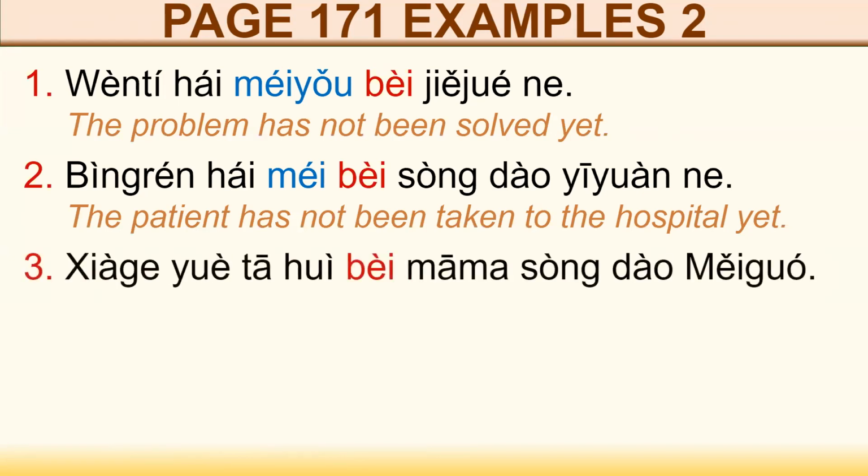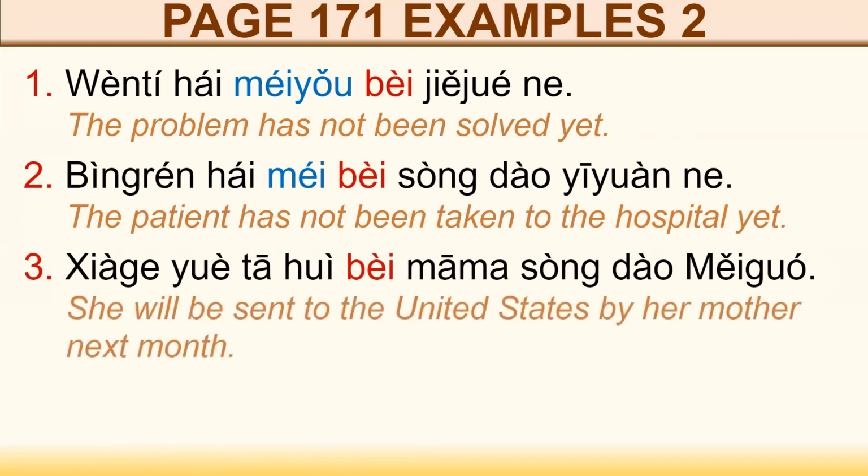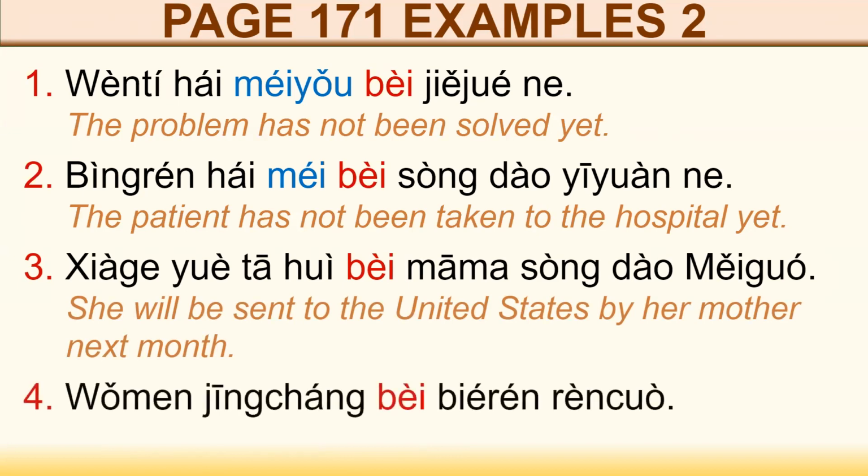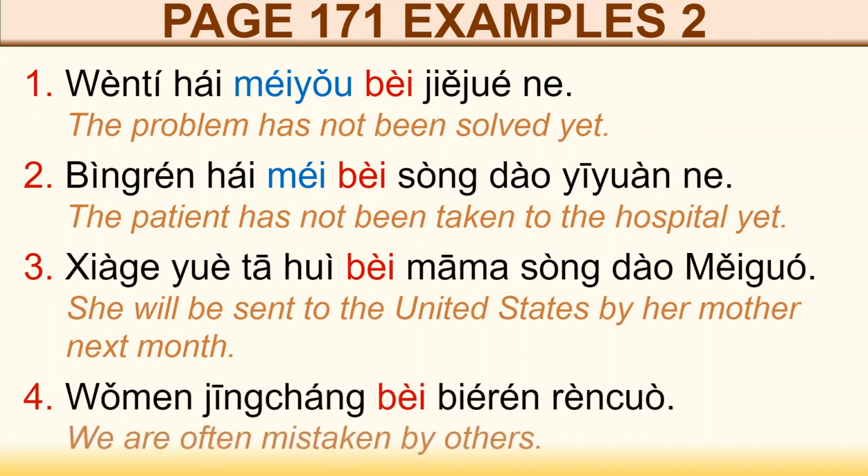Number 3, 下个月她会被妈妈送到美国. She will be sent to the United States by her mother next month. Number 4, 我们经常被别人认错. We are often mistaken by others. Pay attention to the use of the negative in the first two sentences. Here we are using 没有 or 没.